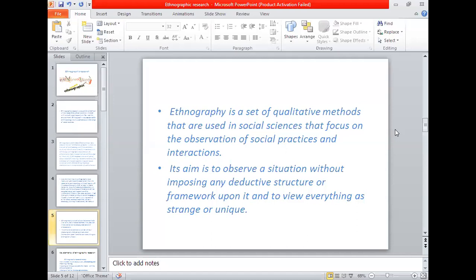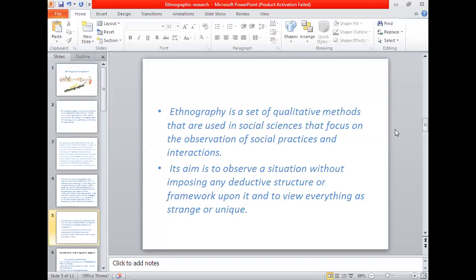So ethnography is a set of qualitative methods used in social sciences that focus on the observation of social practices and interactions. Whatever the different social practices and interactions are, they are the focus of ethnography. Its aim is to observe a situation without imposing any deductive structure or framework upon it, and to view everything as strange or unique. It means that within qualitative research, deductive reasoning is not used; inductive reasoning is used.